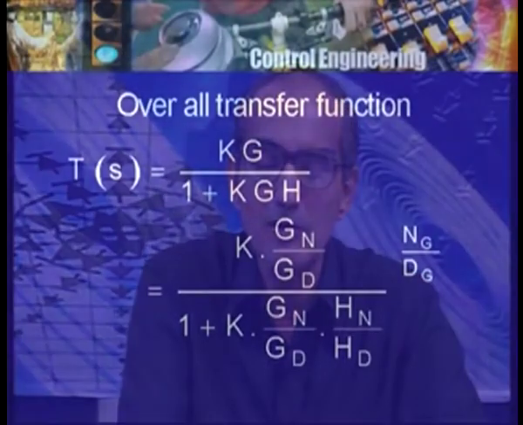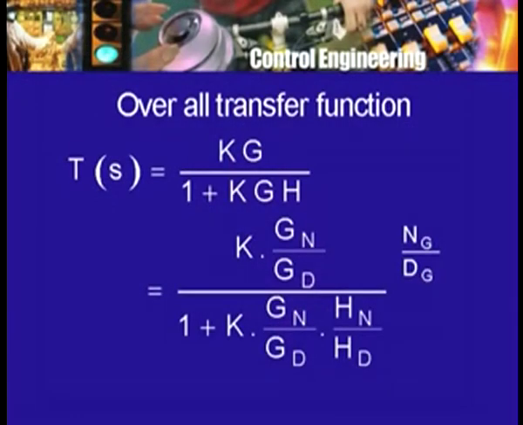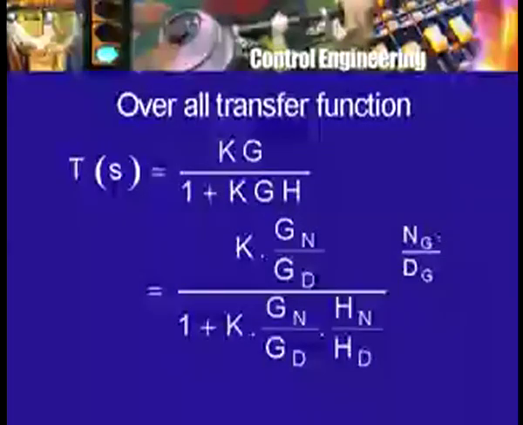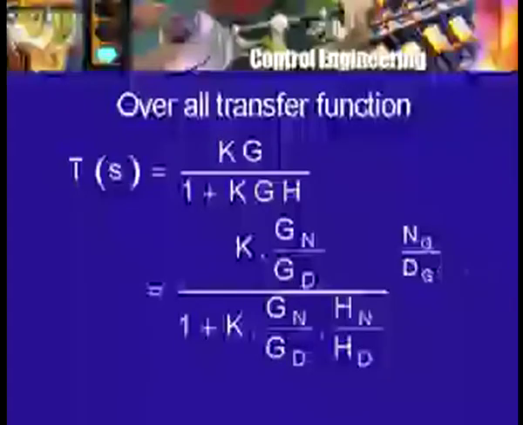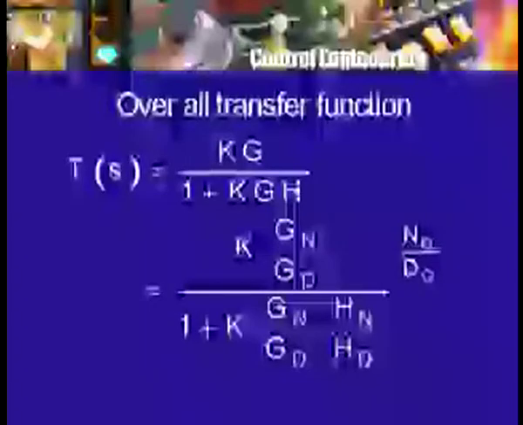So, we wrote G as Gn divided by Gd. Gn is the numerator of G, Gd is the denominator of G. I could have written, of course, Ng, the numerator of G, and Dg, the denominator of G. Some books use the opposite symbolism, but just keep in mind that G is the transfer function, N for numerator.